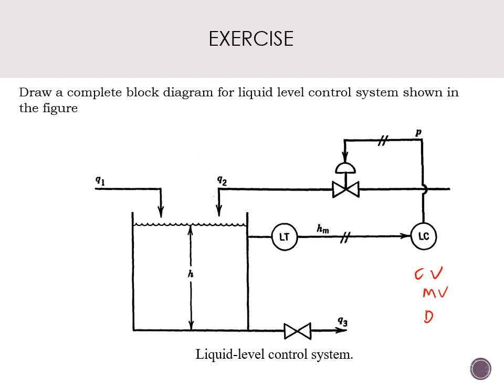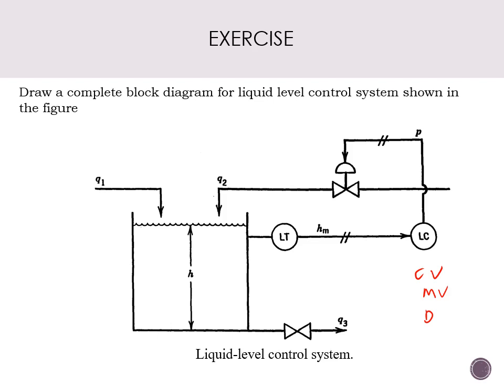For example, the control variable of this liquid level controller is the level of the tank. So this is your CV. And then your manipulated variable would be the flow rate of stream Q2. And your disturbance would be the flow rate of Q1.